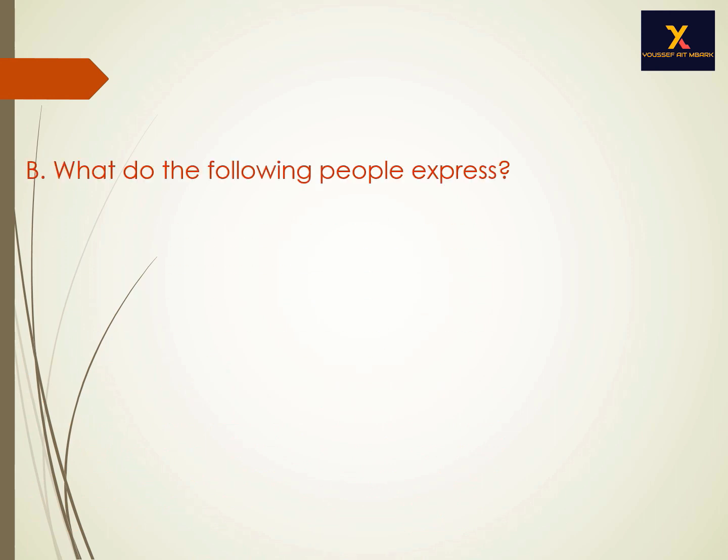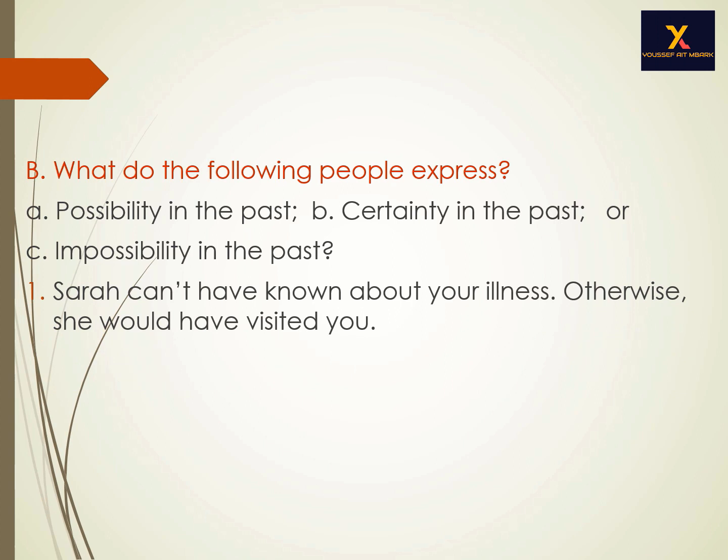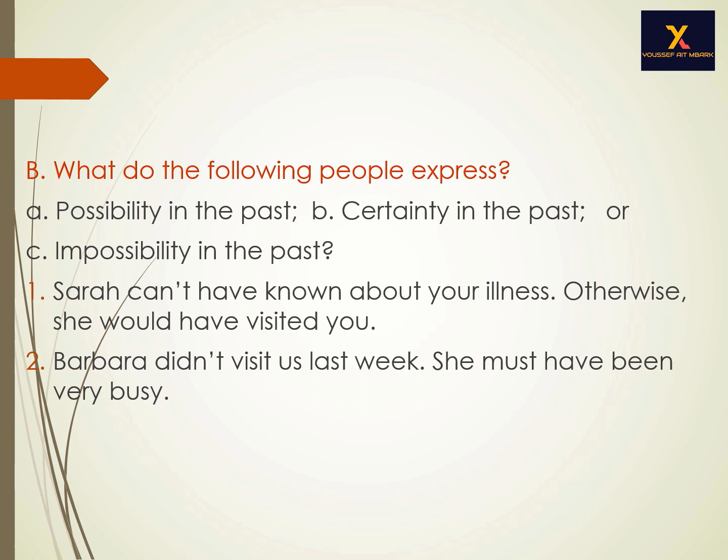This is another exercise. What do the people express? Possibility in the past, certainty in the past, or impossibility in the past. Sentence 1. Sarah can't have known about your illness, otherwise she would have visited you. Sentence 2.